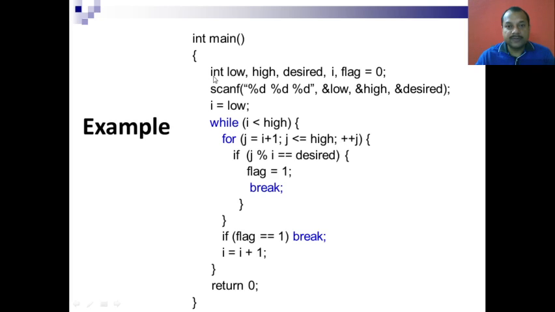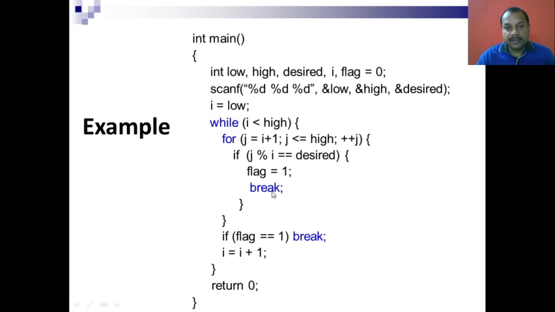There are integer variables: integer low, high, desired, i, flag equals 0. I am reading low, high and desired, i equals low. Then while i less than high, there is a for loop here, and if this condition is satisfied, if j modulus i equals desired, then I am setting flag equals 1 and I am breaking.